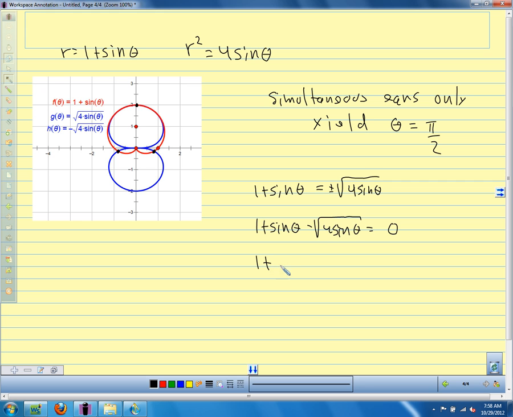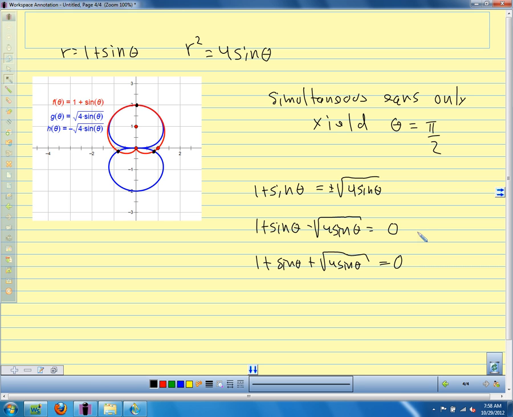And we have 1 plus sine theta plus square root of 4 sine theta equals 0. Now, applying Newton's method to this doesn't sound very fun because of finding the derivatives and all that kind of thing. But it's a tool that we could use to approximate the zeros. We could get an approximate value for theta, apply Newton's method, and do several steps of it to try to get these zeros.